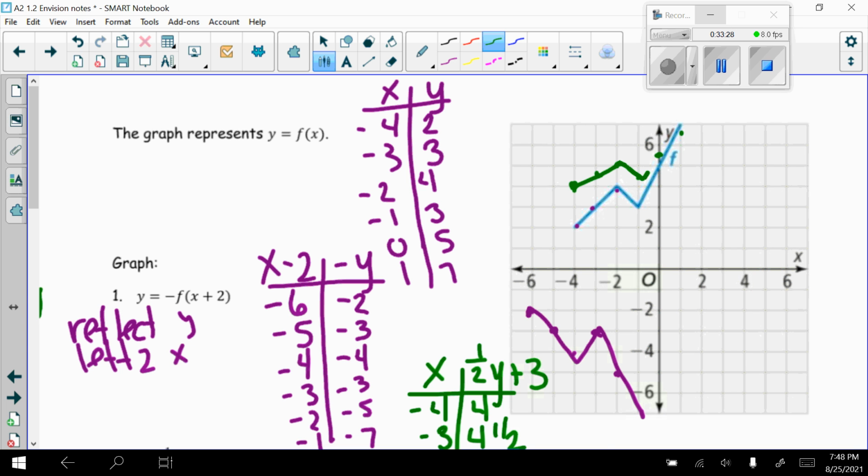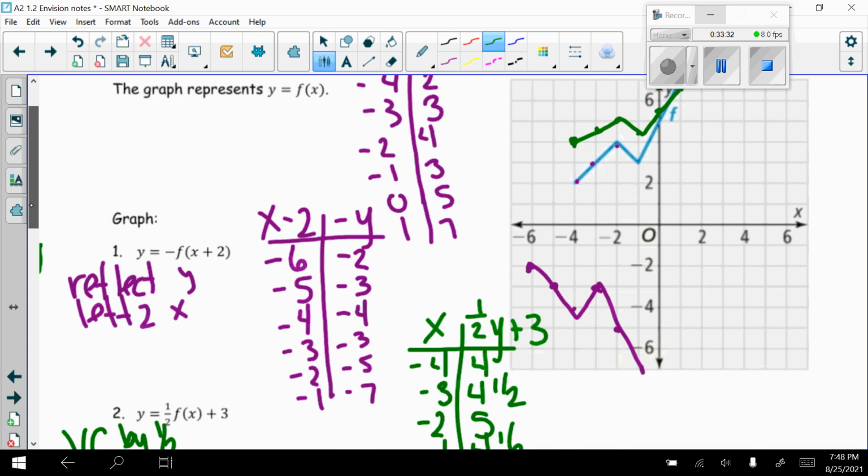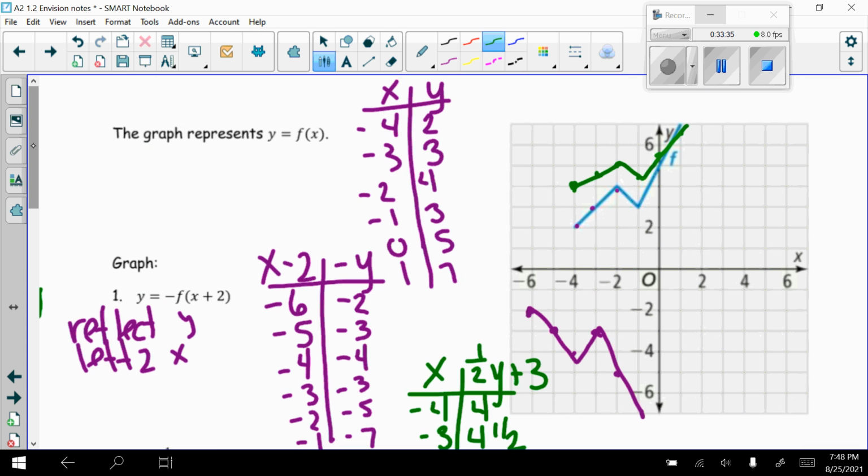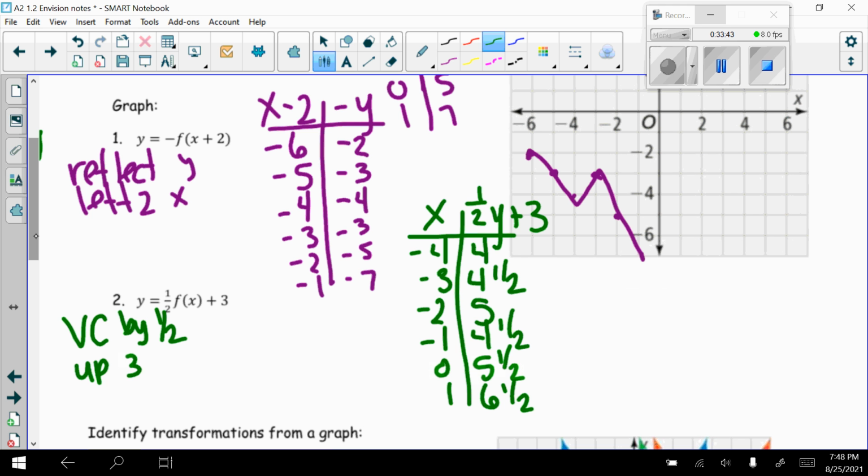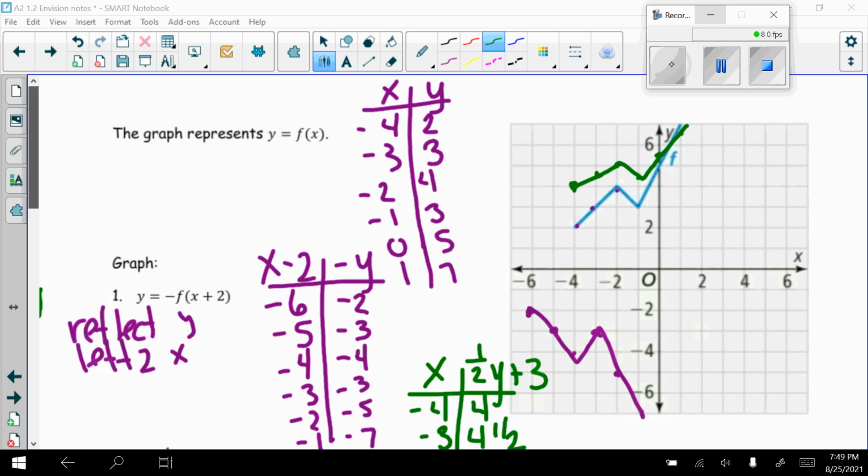Connect. And those are my points. So I see that it shifted up by 3. Right? So it took that and it went up by 3. And then it compressed it or flattened it out by 1/2.